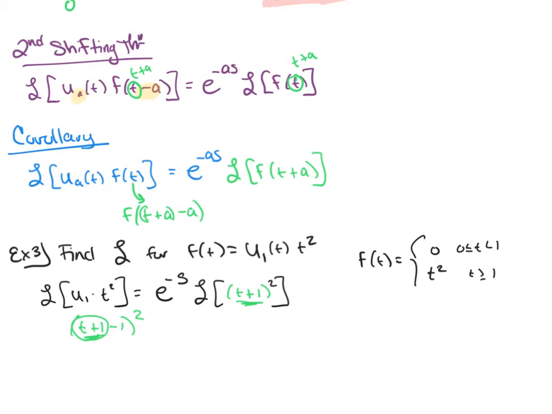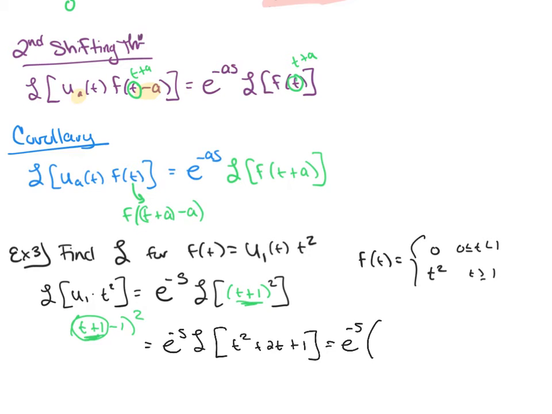Oh, that's a bummer. I don't know the Laplace of t plus 1 quantity squared. I do know the Laplace, though, of t squared plus 2t plus 1. So I could always FOIL it out if I needed to. So this would be e to the negative s times the quantity.